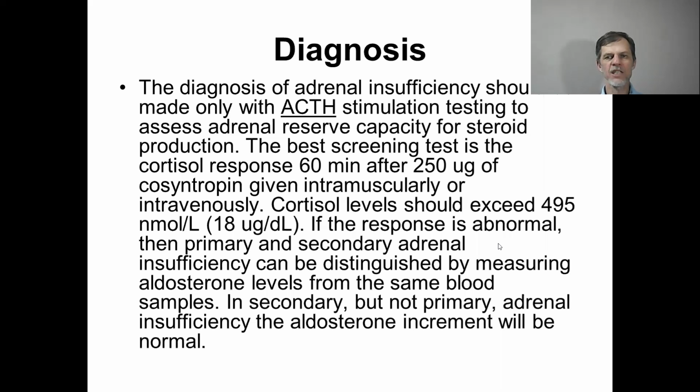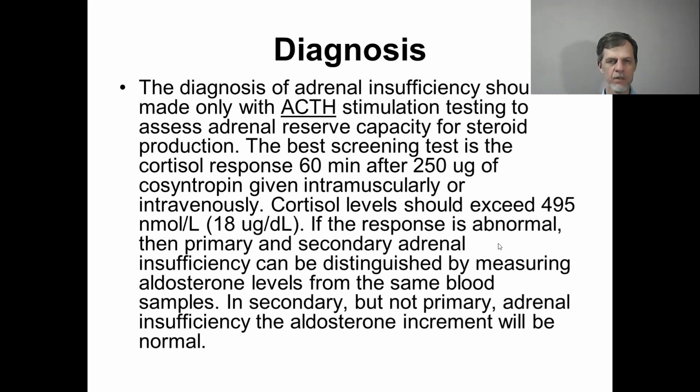If the response is abnormal, then primary and secondary adrenal insufficiency can be distinguished by measuring aldosterone levels from the same blood samples. In secondary but not primary adrenal insufficiency, aldosterone increments will be normal. I told you already that we have glucocorticoids and mineralocorticoids.